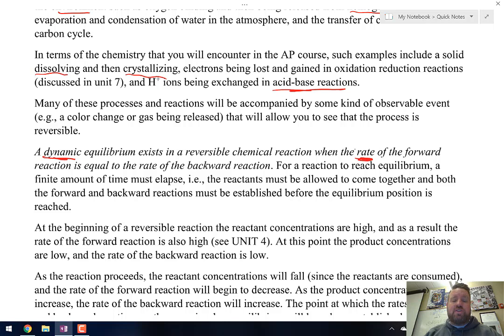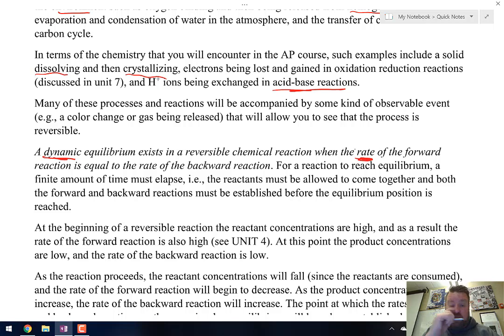For a reaction to reach equilibrium, you need some time to pass. The reactants have to be allowed to form products, and then the products have to start the reverse reaction. The nice thing about equilibrium is it doesn't say anything about speed. Remember, speed is all about kinetics in Unit 4. Equilibrium has nothing to do with kinetics or speed at all.